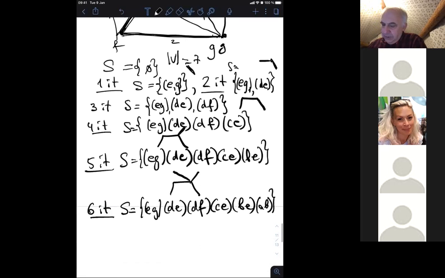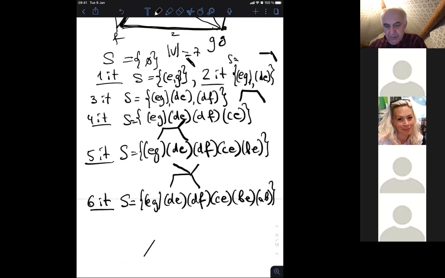Let me draw the final picture for you. So this would be A, B, C, D, E, F, and G, and the weights of the edges were 1, 2, 2, these, and then we have 3, and then we have 4, and finally we have 5.